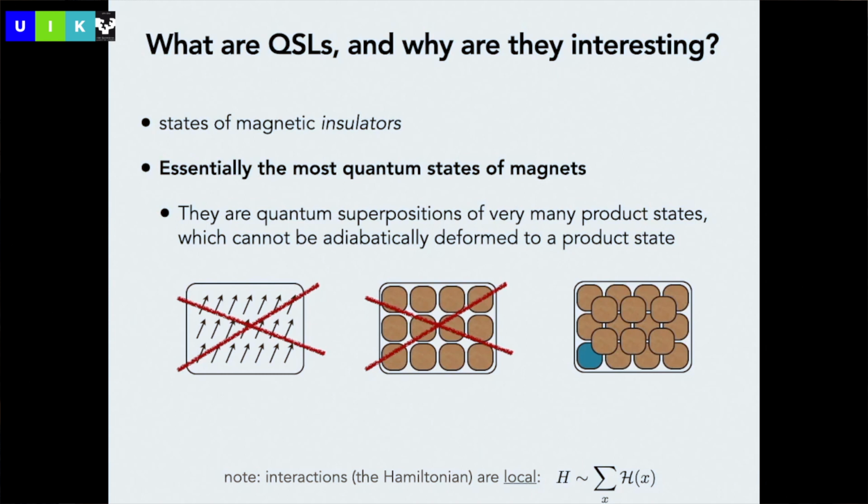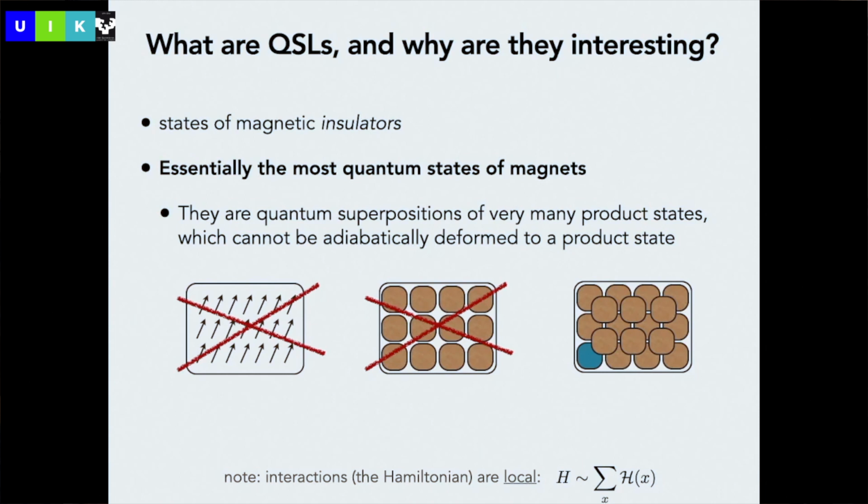And in fact, the basic idea is that you have insulators. So perhaps you started with a Hubbard model and you tuned U to be very large and got into a Mott insulator, such that the gap to any delocalized electronic degrees of freedom was very large. So you can forget about the electrons entirely.